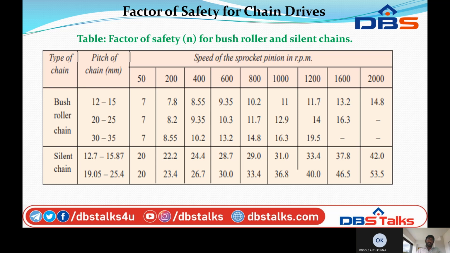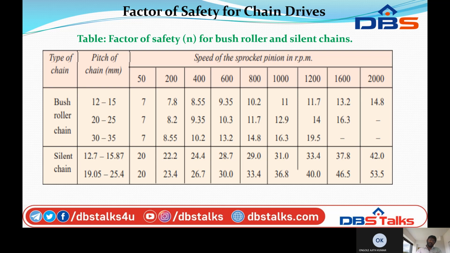So coming to the silent chain. Silent chain is 12.7 to 15.87 pitch of the chain. So the speed of the sprocket pinion is 20, 22.2, 24.4, 28.7, 29, 31, 33.4, 37.8, 42.0.